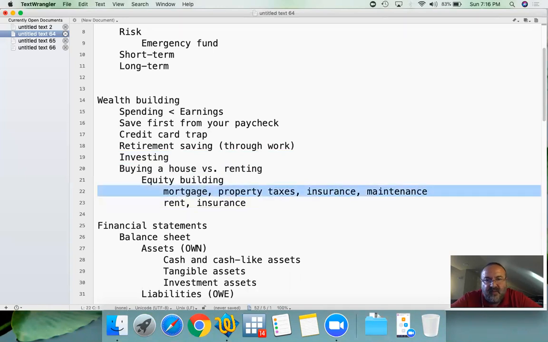Now, having said all of this, whatever you pay towards your home as part of your mortgage payment goes to your equity, and you actually build that equity into your retirement wealth building.